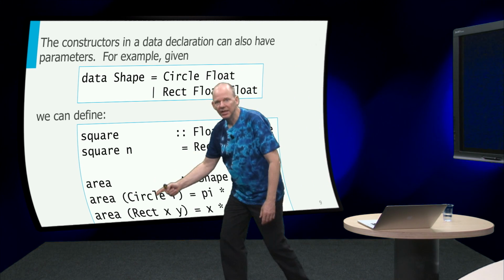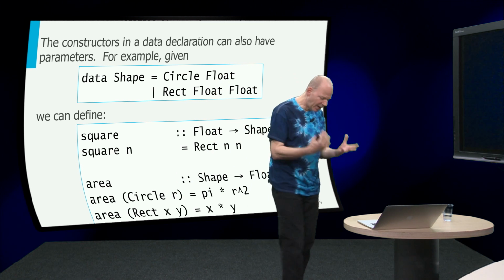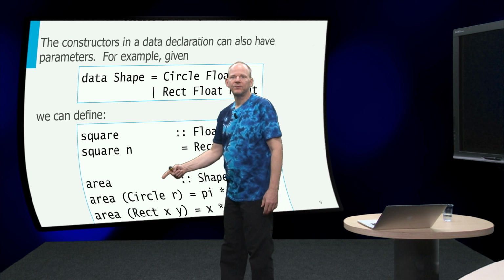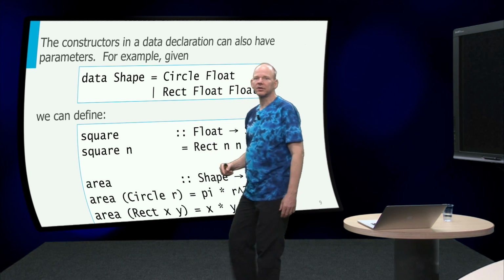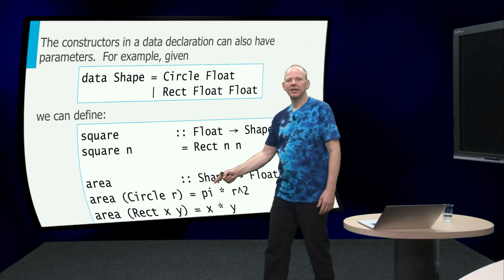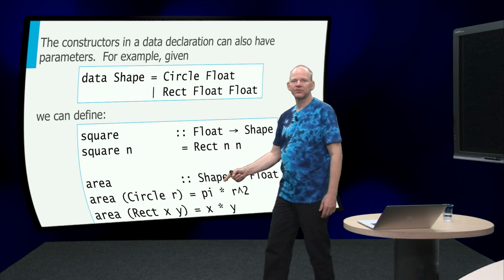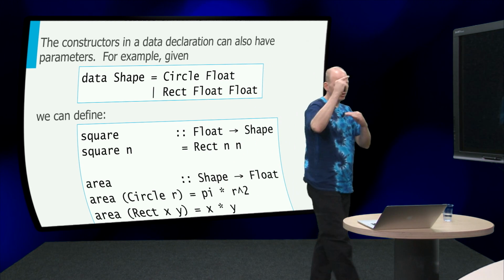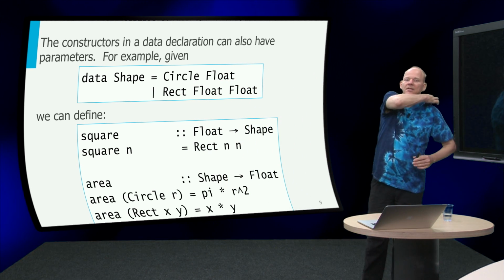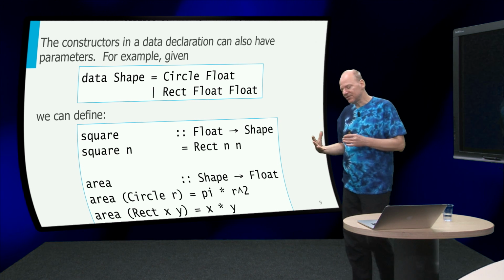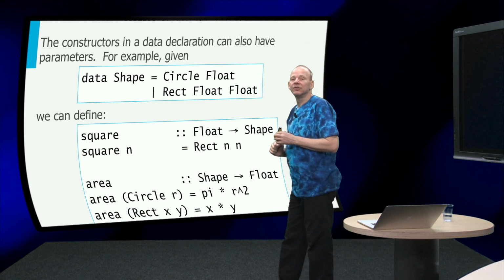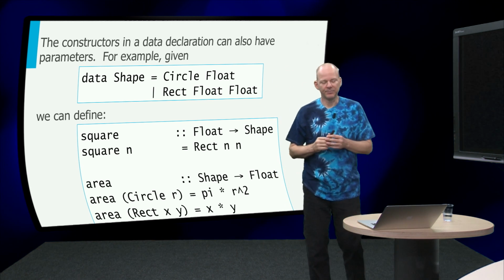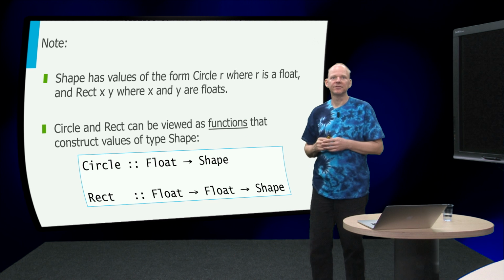Okay, and then we do a pattern match here, which is very much like doing a dynamic dispatch. So if the shape happens to be a circle, then I take pi times r squared. If the shape is a rectangle, I just multiply the sides. Okay, so pattern matching kind of corresponds to virtual dispatch when you think of algebraic data types as object hierarchies.